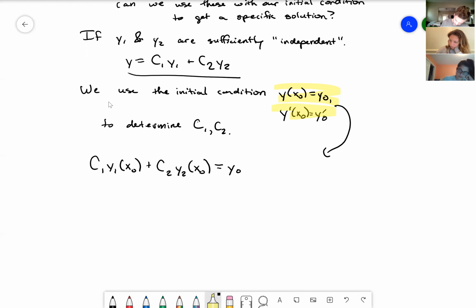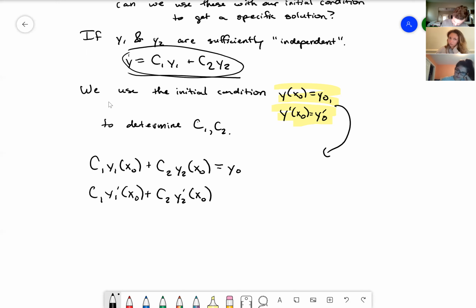The second part of the initial condition gives us, now we want the derivative of y, so we can just take the derivative of this thing. We get c1 y1 prime of x0 plus c2 y2 prime of x0 equal to y prime 0.